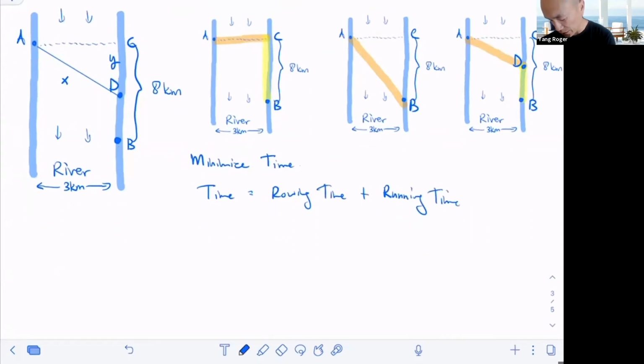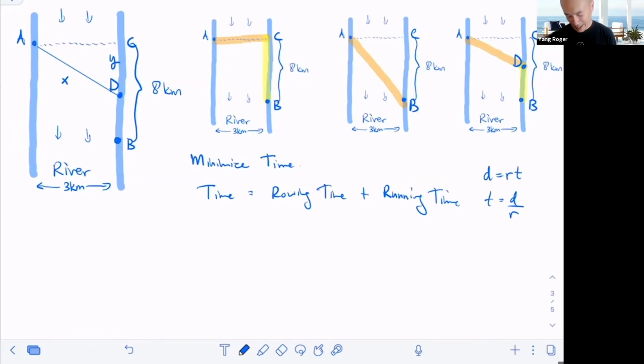And I want to use this fact that distance is equal to rate times time. So if I solve for time, that means time is equal to distance over the rate. I asked you earlier about that 6 kilometers per hour and the 8 kilometers per hour.